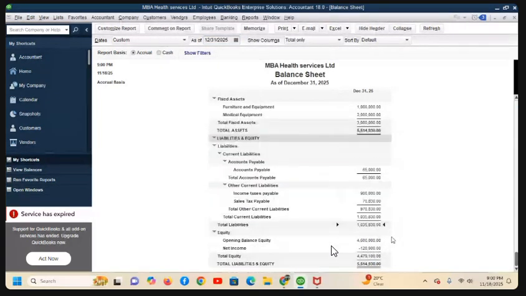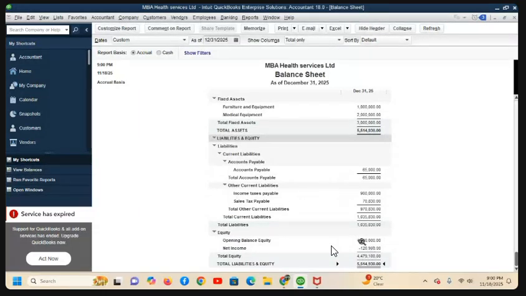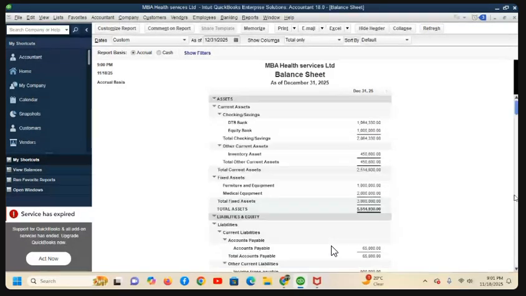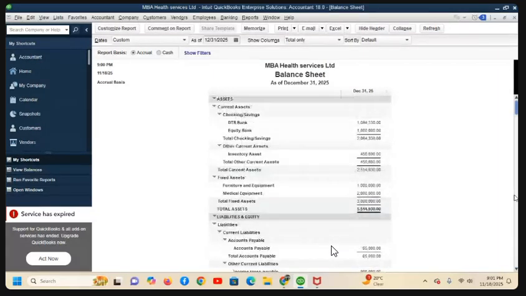We have other current liabilities, like the income tax payable which we have to pay to URA. We also have to pay the VAT which we charged, and the profit opening balance equity which was there, and also what we have as our net loss. This 120 is the net loss which I showed you in the profit or loss, and that is what we call a balance sheet or statement of financial position.